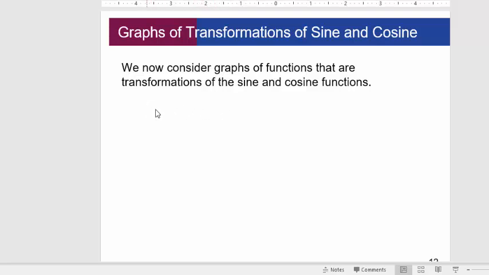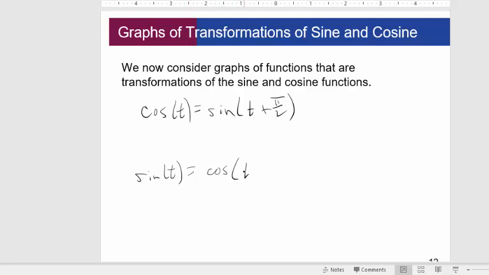The cosine of t is really the sine of t plus pi over 2, because we could look at the cosine as a sine graph that was shifted to the left pi over 2 units. And you can also look at the sine of t as if it's the cosine that was just shifted to the right pi over 2 units. Okay?